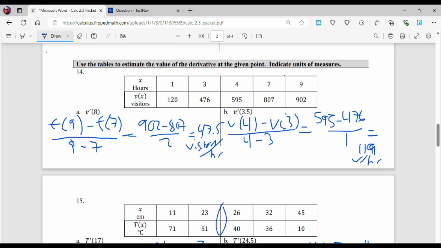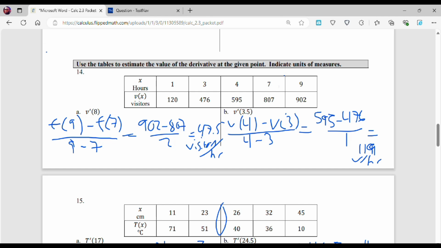You have v prime of 8. V prime of 8 can be approximated by the average rate of change, which is close to 8. That may sound complicated, but it's not. So 8 is between 7 and 9, right?